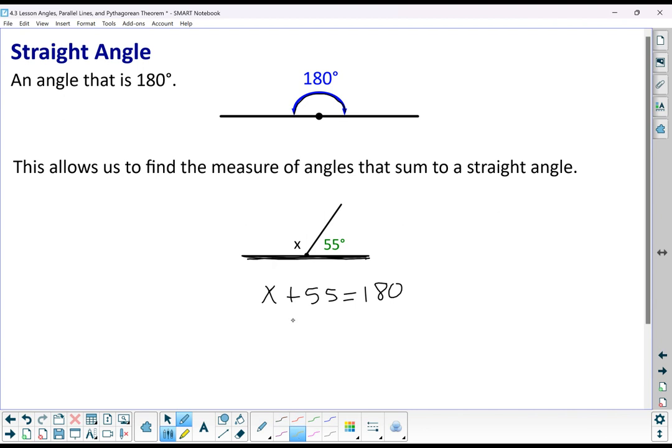So I can figure out what size the angle x is by subtracting 55 from 180. So 180 minus 55 is equal to 125, so I know that x is 125 degrees.